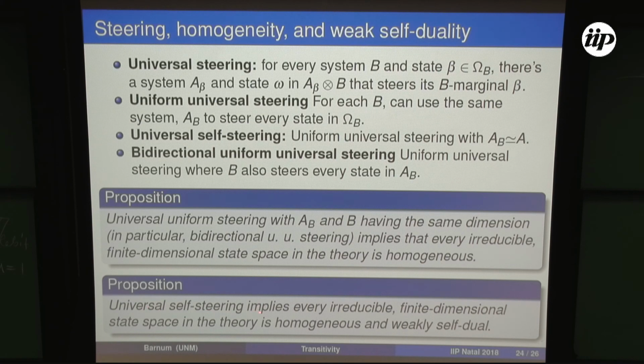And in fact, if there's universal self-steering, then they're not only homogeneous, but they're weakly self-dual. So you get some properties out. Well, this is one sort of motivation for homogeneity.